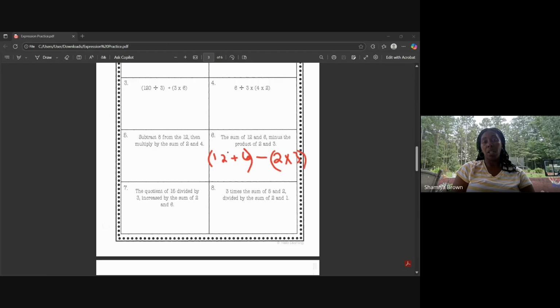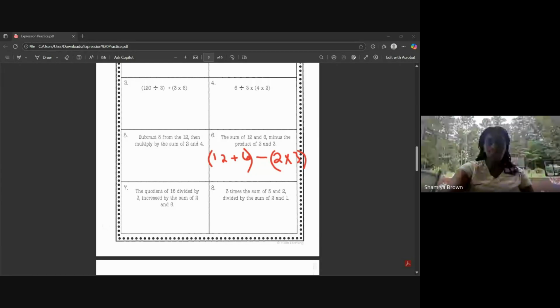I do the sum of 12 and 6, then I get the product of 2 and 3, then I would subtract this one from this. I'm not actually solving them in this video, but this is all you have to do, just write it out.